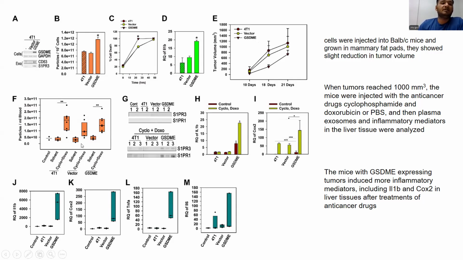When the tumor reached 1,000 cubic millimeters, the mice were injected with anti-cancer drugs named cyclophosphamide and doxorubicin, and then the particles in their blood were counted and the inflammatory effect in the liver cells was analyzed.